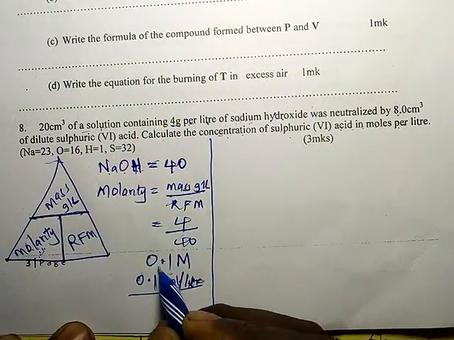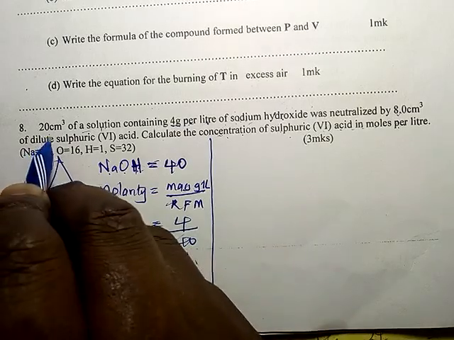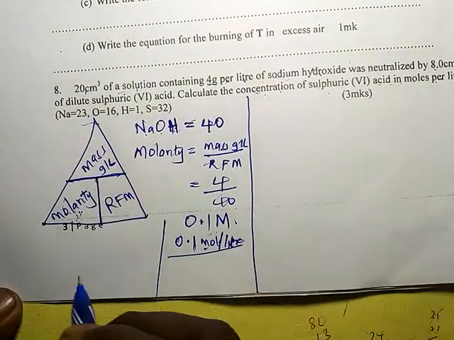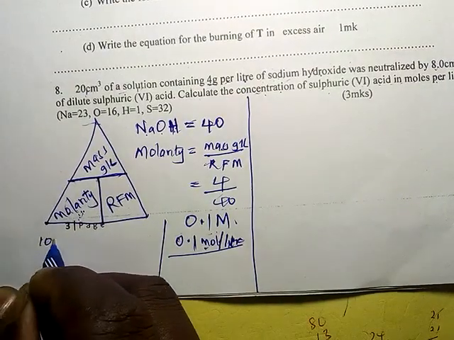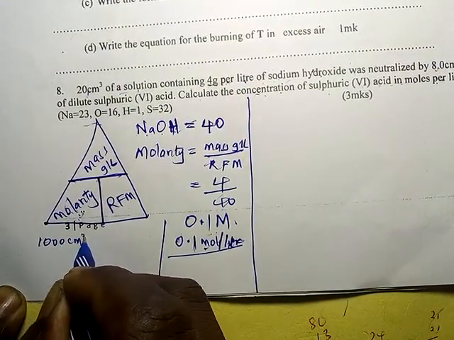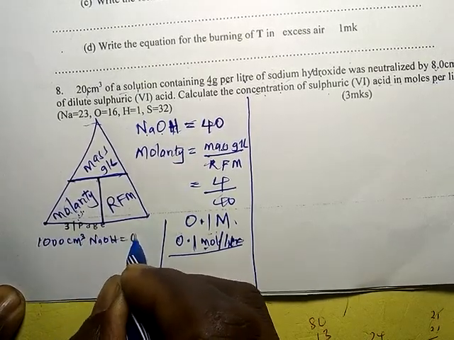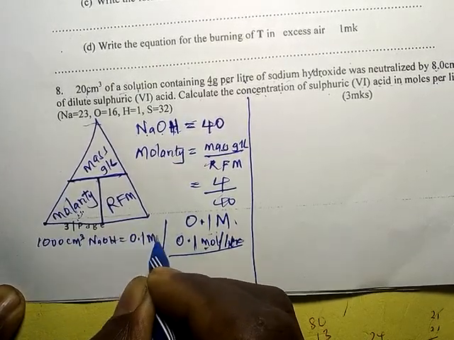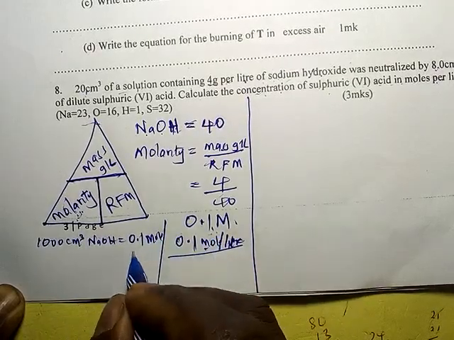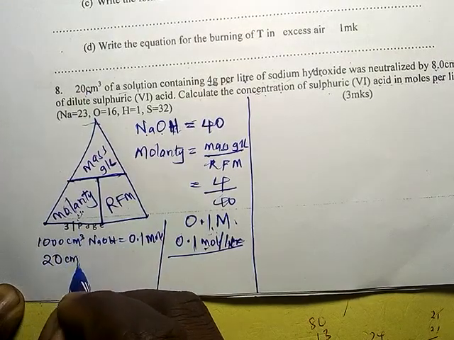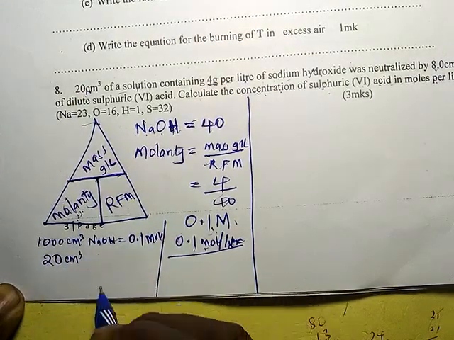We know the number of moles in 1,000. We will ask, what about 20? 1,000 centimeters cube of sodium hydroxide contains 0.1 moles. What about 20 centimeters cube of sodium hydroxide, the volume that reacted?